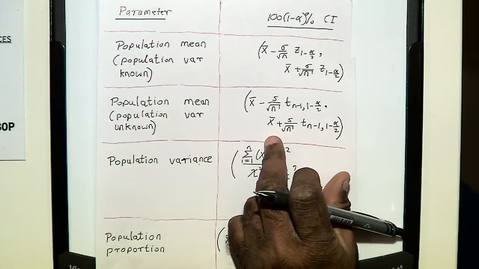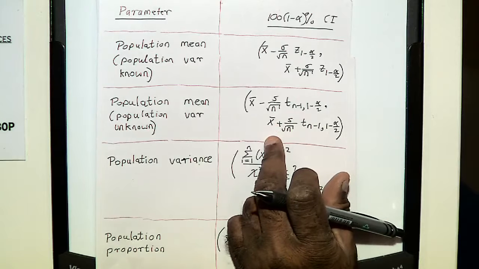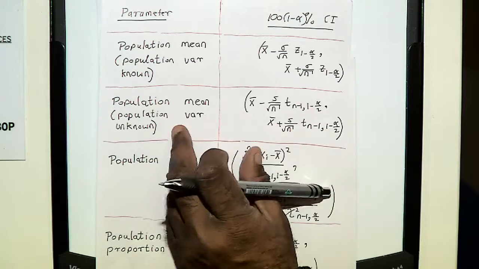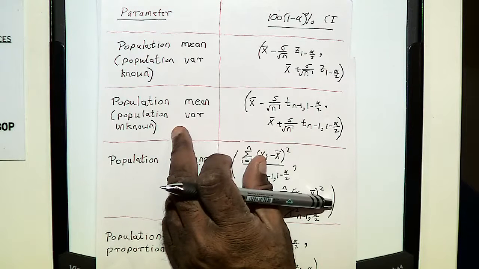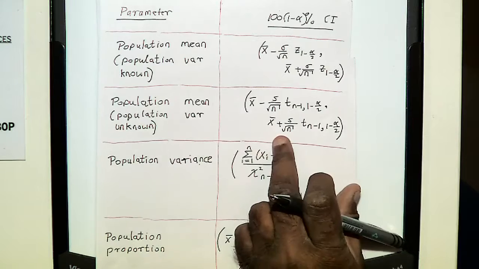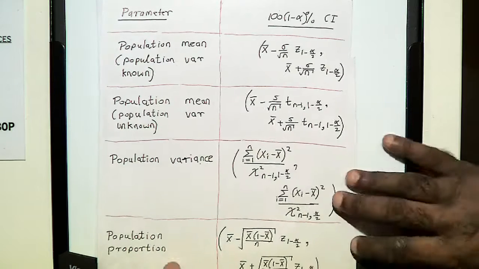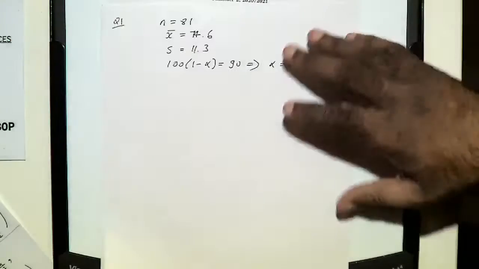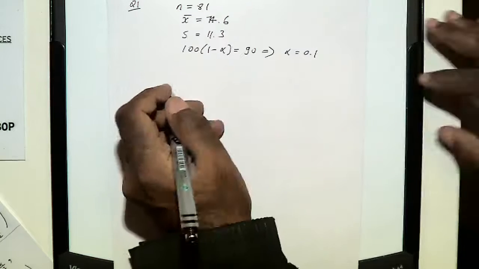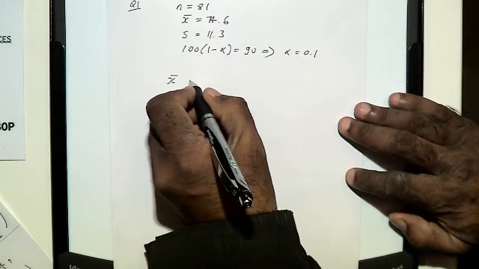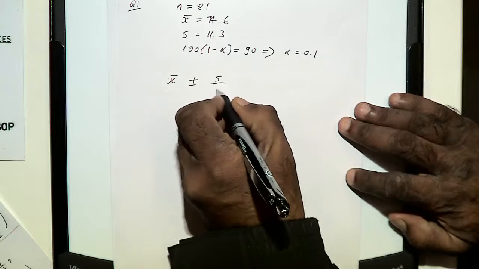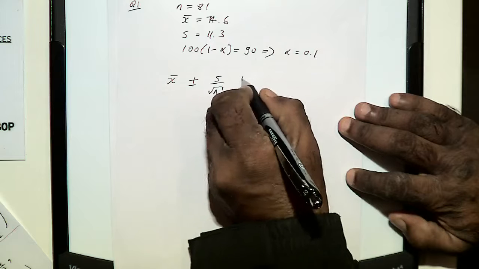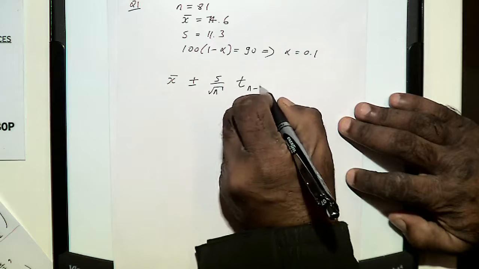So it's going to be x bar plus or minus s divided by square root of n, times the percentile of the t distribution.